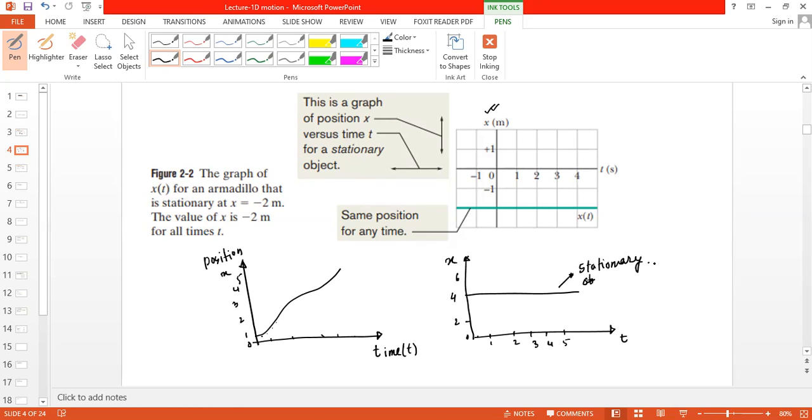When an object changes its position, what happens? For example, here an object is changing its position, and I can draw another similar graph here.